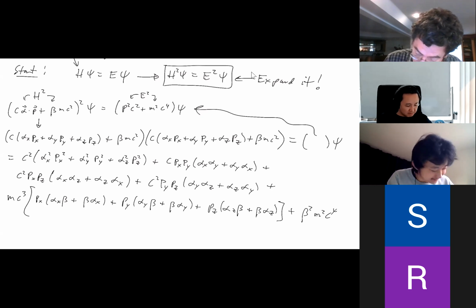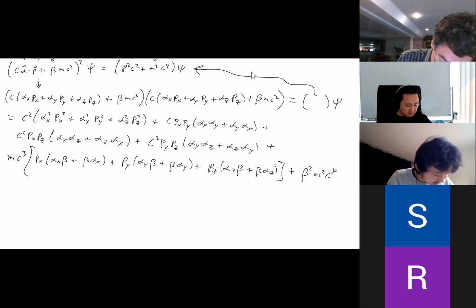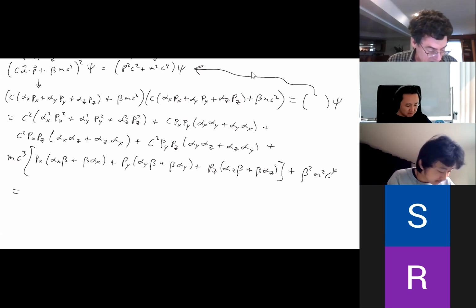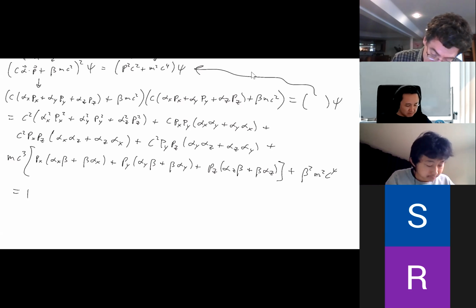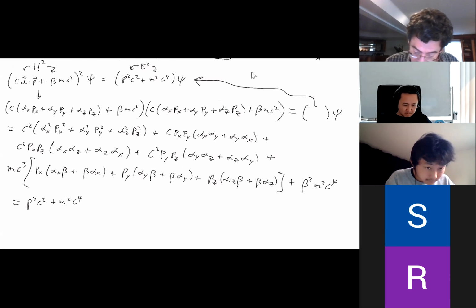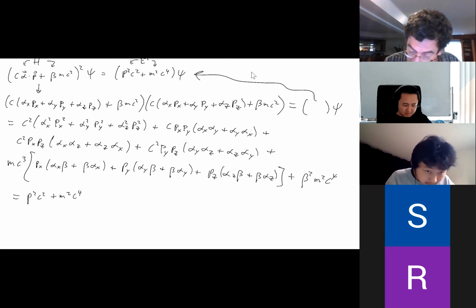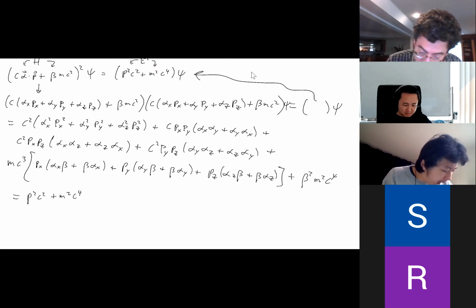All right? Woo, look at all that. And this has to equal the other side of the equation, which is p squared c squared plus m squared c to the 4, times the psi that we're multiplying it by, so put the psi there.